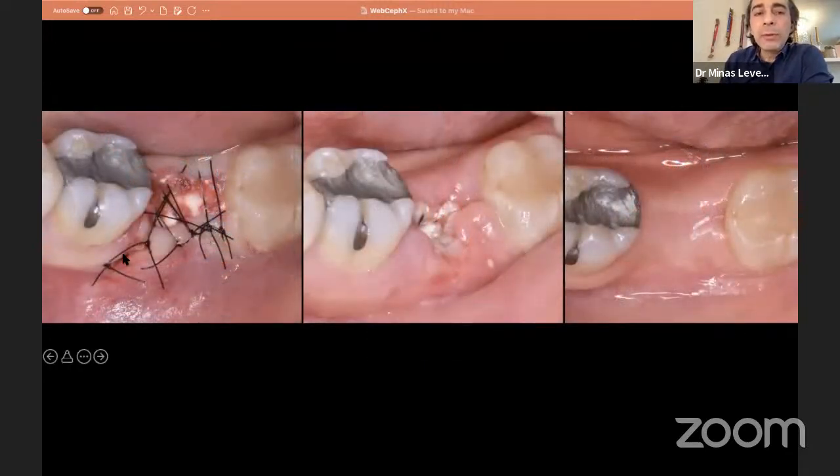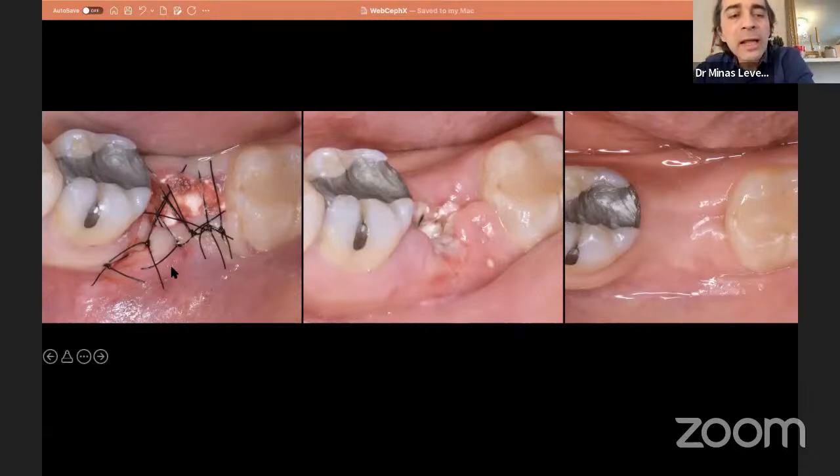Then I reposition my flap and I try not to advance the flap too much. I don't want to get primary closure, because if I push the flap more to close and protect the graft, then I will ruin all the architecture of the soft tissues. In such cases of bone grafting, I prefer to get secondary intention healing, so I'm not advancing the flap.